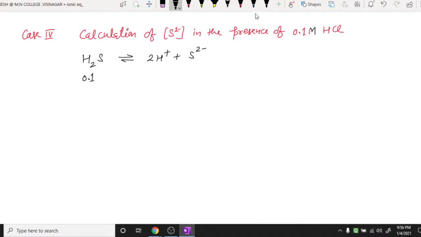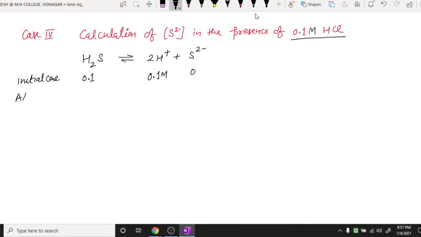H2S is 0.1 and H plus concentration, it is also 0.1 because we are doing the calculation of S2 negative ion in the presence of 0.1 molar HCl, right? So, and it is 0. Initially, this is the case, initial concentration. Okay.